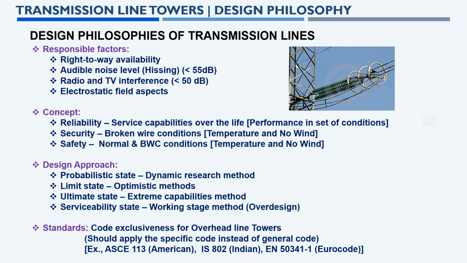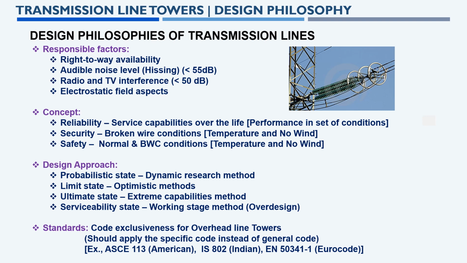In order to reduce this noise level and the radio and TV interference, we can also provide a corona ring. You can see here it is a corona, a circular member used to reduce the audible noise level.